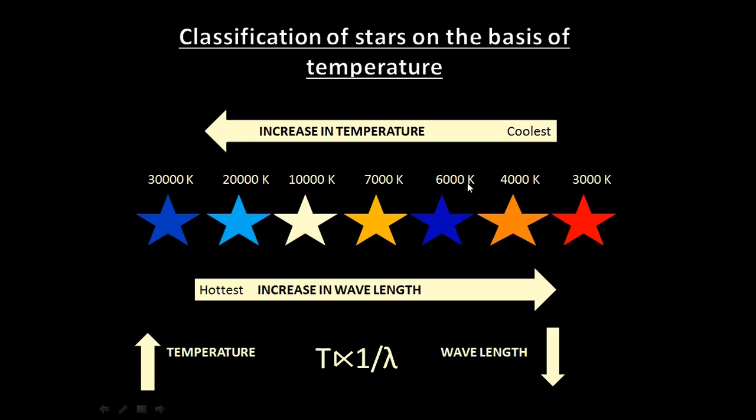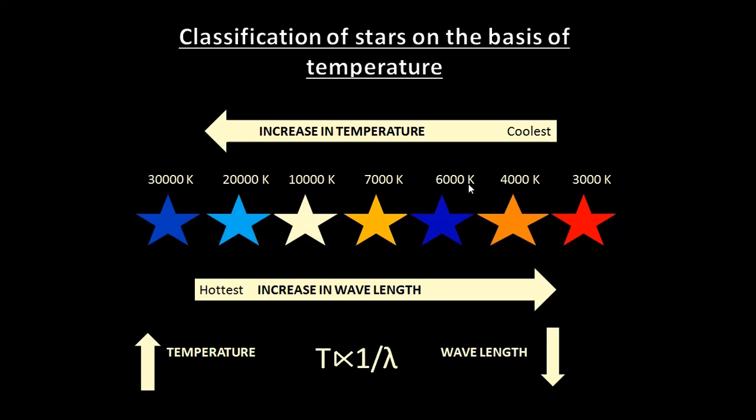Have you ever wondered that the sun is also a star? And what is the temperature of the sun? We get the sun's brightness according to its luminosity. It has about 3.9 into 10 power 26 watt of luminosity, and the temperature of the sun is about 4000 Kelvin, which means it comes under orange color, the orange wavelength.